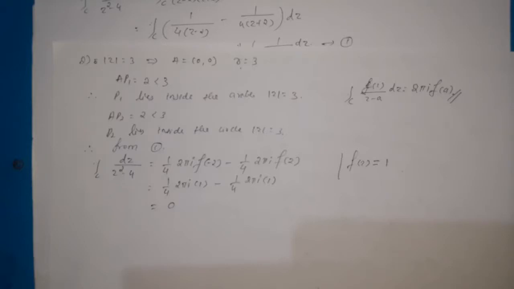So that is not the necessary and sufficient condition. That is only one way. Whenever the point lies outside the circle, the value of the integral is equal to 0. And it doesn't imply that whenever the value of the integral is equal to 0, the point lies outside the circle. That is not true.